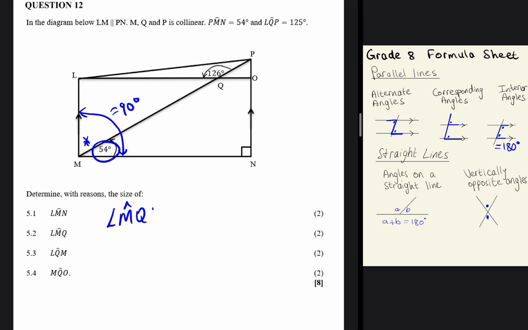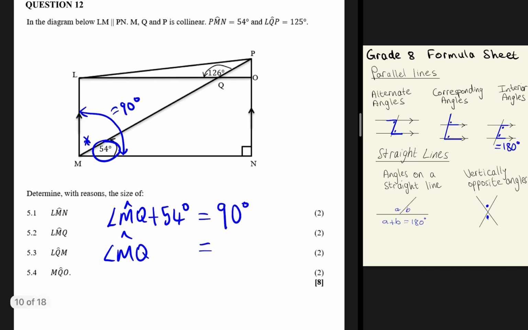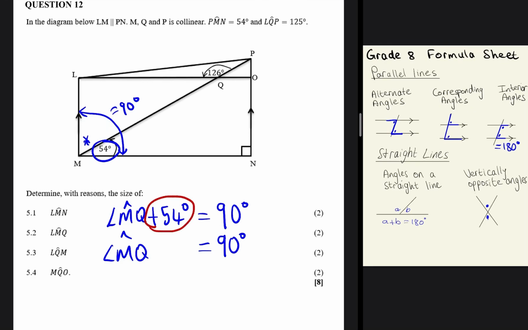And then you can write it down. Angle LMQ plus 54 degrees equals 90 degrees. Then you say LMQ, you want to keep it on the left hand side, and we want to get rid of this plus 54.